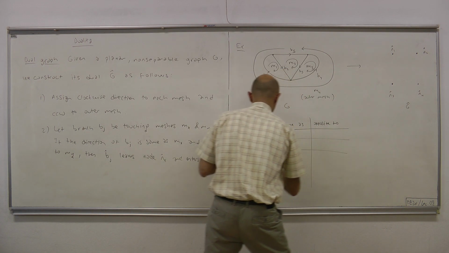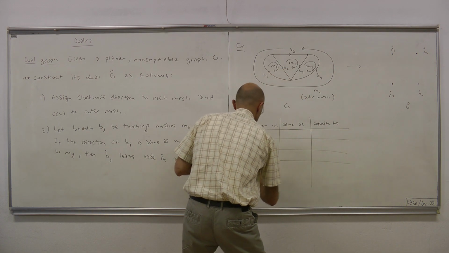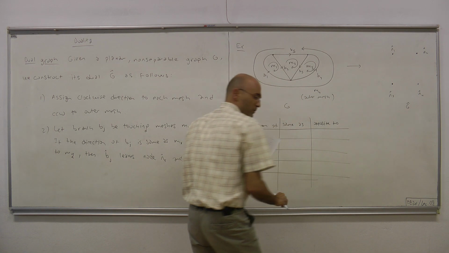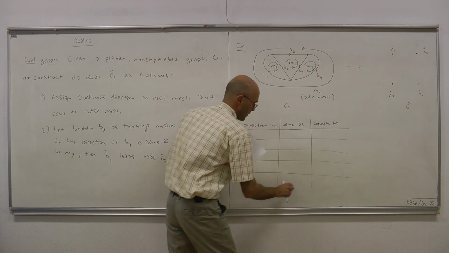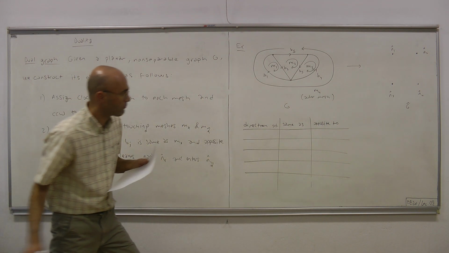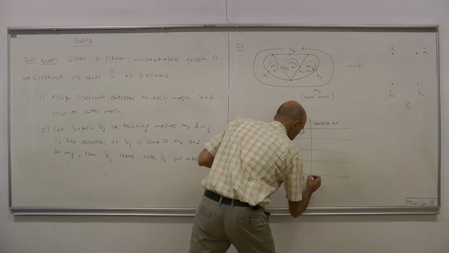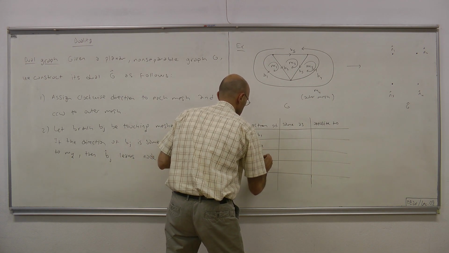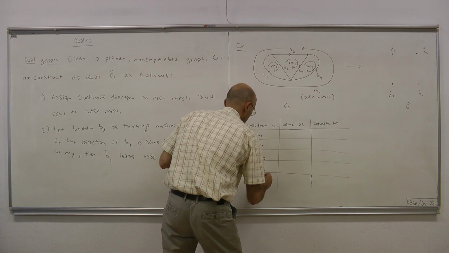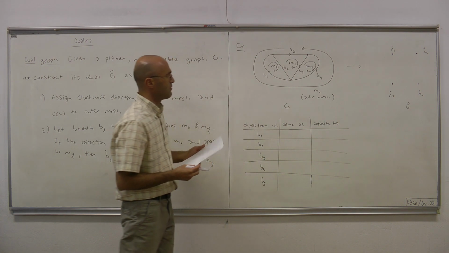We have 5 branches, so that means we require 5 rows: B1, B2, B3, B4, and the last row is for B5.